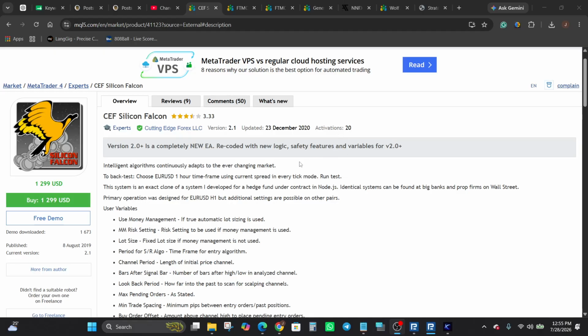The page notes that version 2.0 and onward is a completely recoded EA with new logic, safety features, and variables compared to earlier versions.